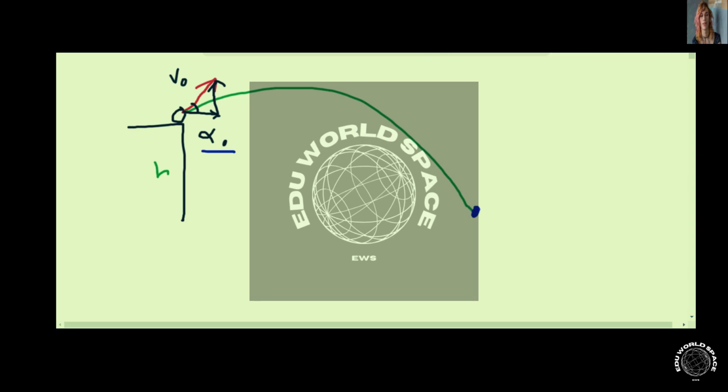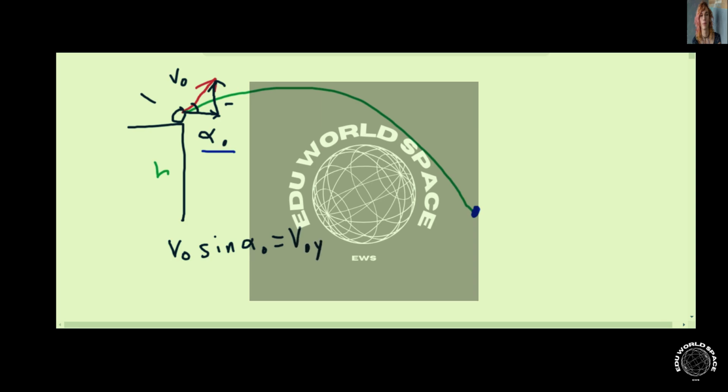So what we're first going to do is find the horizontal and vertical components of this projectile. Let's take the vertical component. That is just going to be v naught sine alpha naught. It's sine because it's on the opposite side, and that is equal to v naught y.